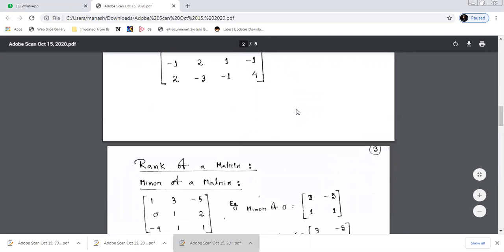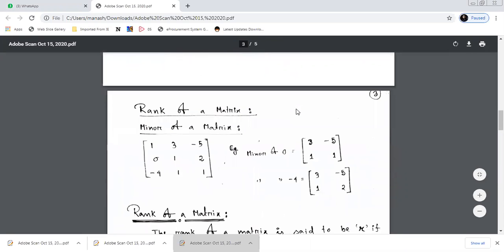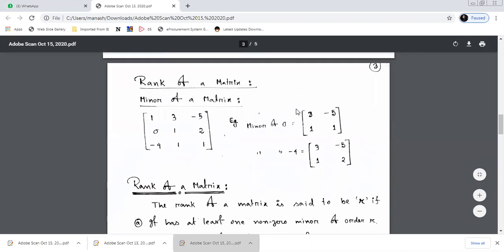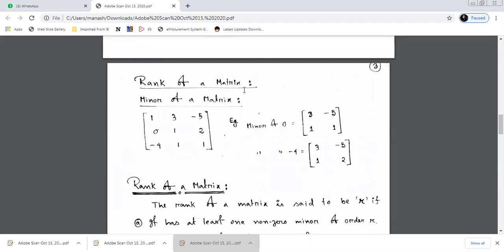It is very important how we can find the rank of a matrix. So to find the rank of a matrix, at first we have to know what is the minor of an element of a matrix. Suppose we are going to find the minor of 0.